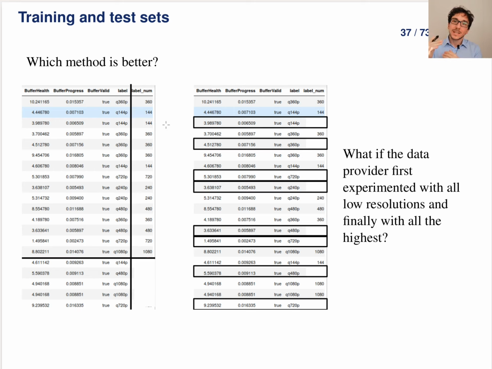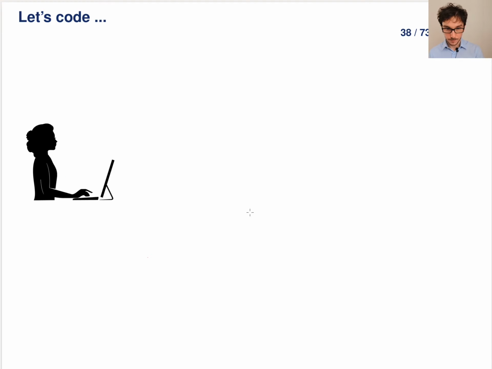So in your training data set you would build your model only on the low resolutions, which is not representative of all the situations. So to be safe, it is instead better to randomly choose the training samples and the test samples.